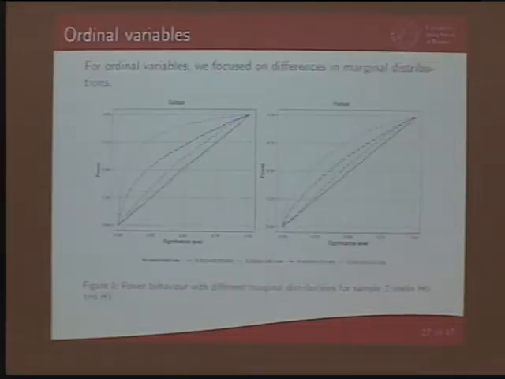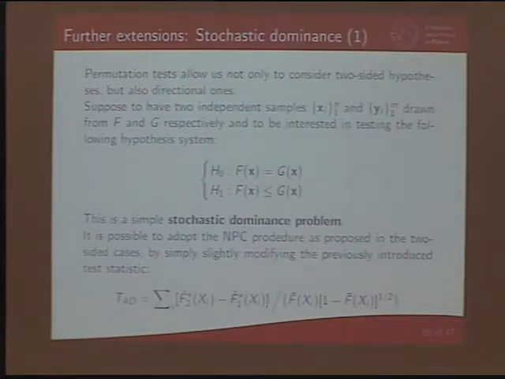Now, because I see the time is running, let me jump to the stochastic dominance problem. The same methodology that I just presented can be applied to stochastic dominance problems, basically when you want to assess a direction in the alternative hypothesis for the multivariate problem that you are dealing with.